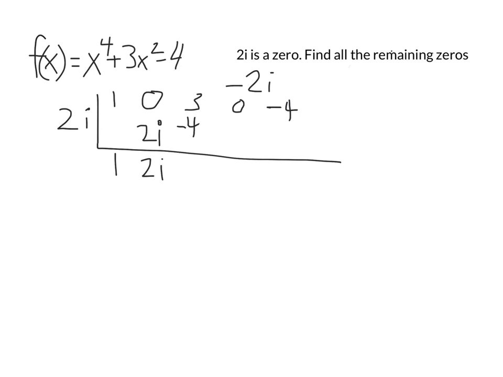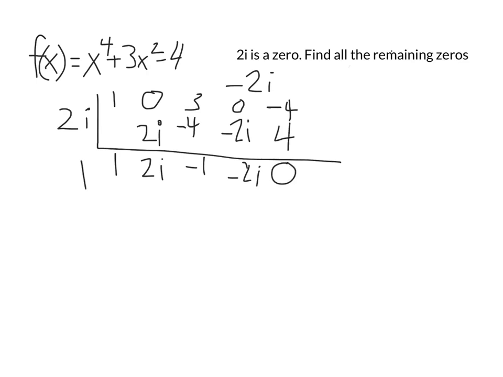I squared just changes the sign, so that's going to be negative 1. 2i times negative 1 is negative 2i. Add that vertically, we just get negative 2i. And then negative 2i times negative 2i is going to give me negative 4i squared, which becomes a positive 4.